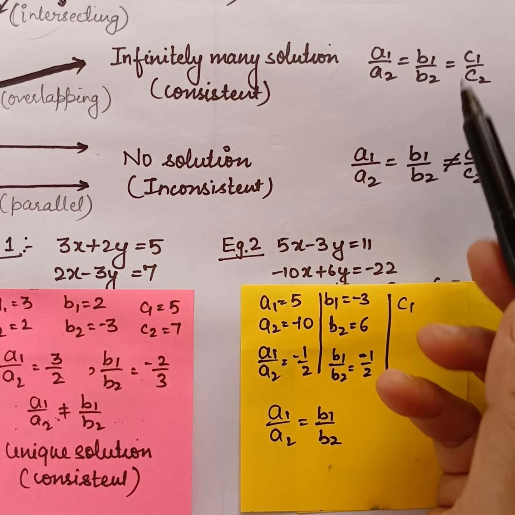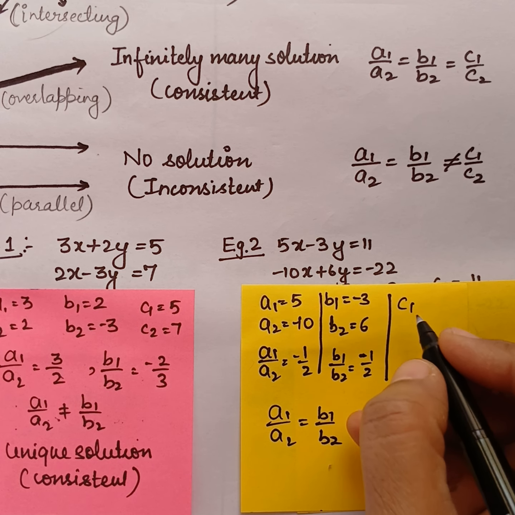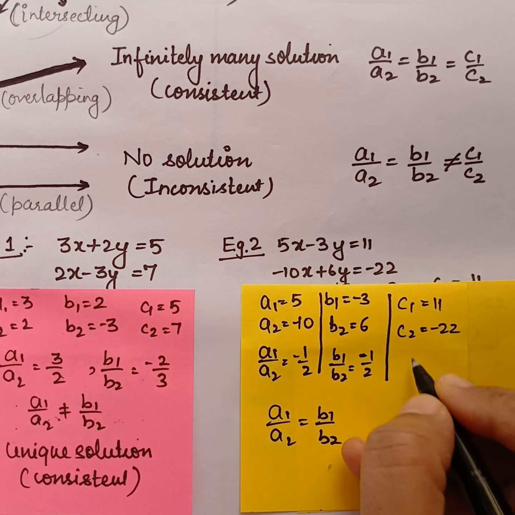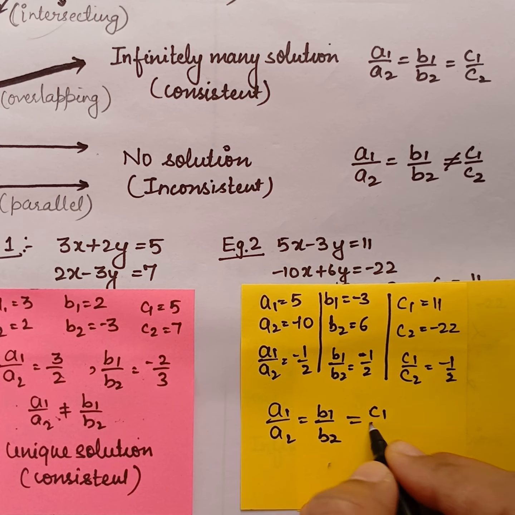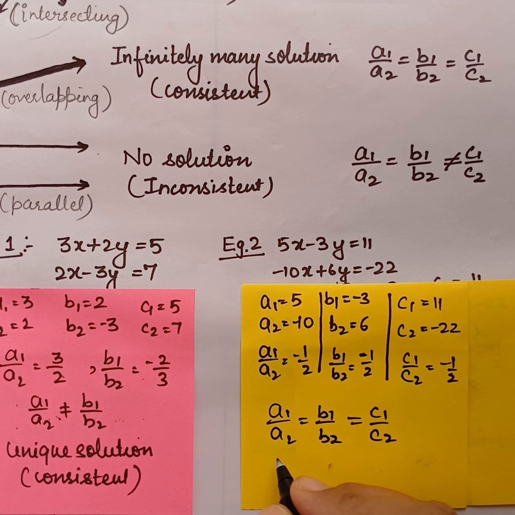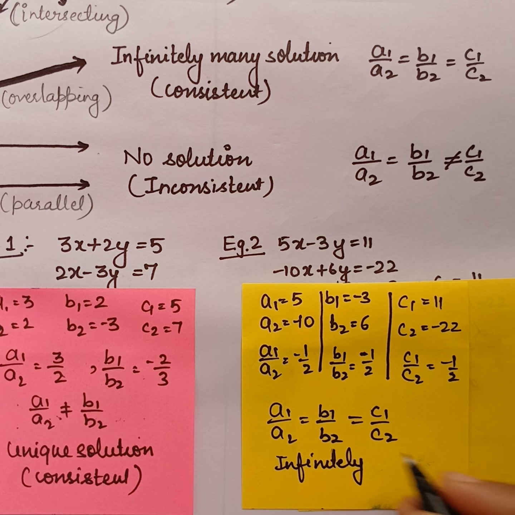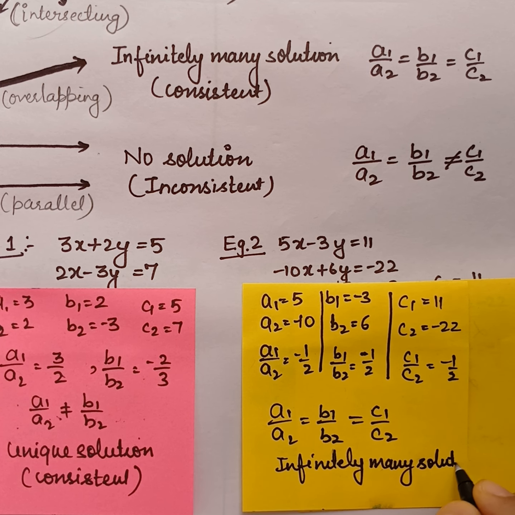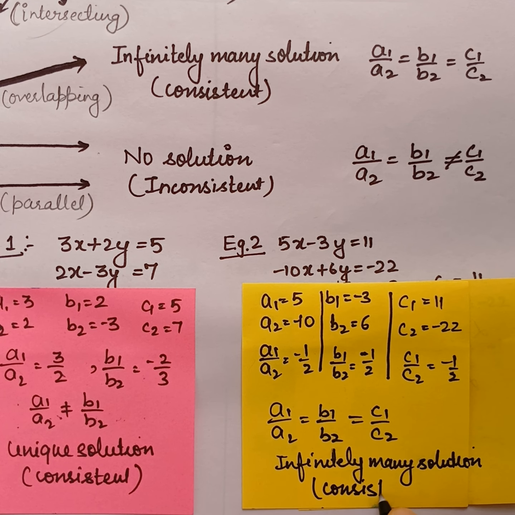Now we will check which solution we are going to get, either this or this. So c1 is 11 and c2 is minus 22. So here also we will get minus 1 by 2, equal to c1 by c2. So infinitely many solutions, or you can write infinite solutions. Infinitely many solutions we are going to get here, or we can say this also as consistent.